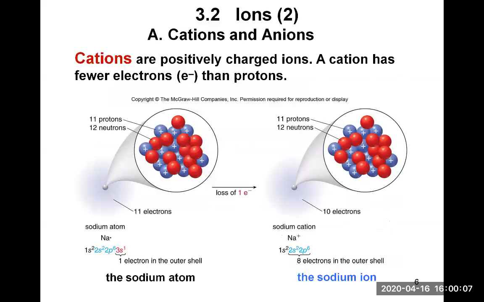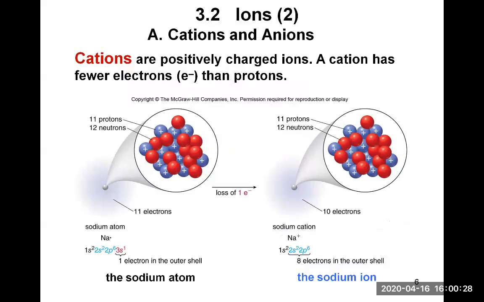So we'll review in more detail what it means to be an ion, and let's start with cations. Cations are positively charged ions. A cation has fewer electrons than protons. So let's look at an example.